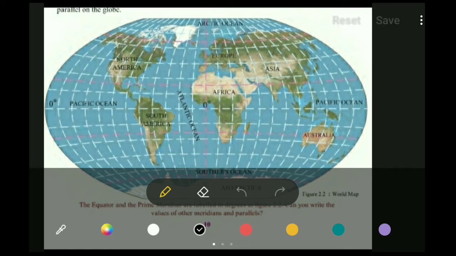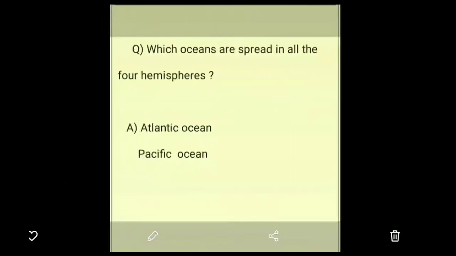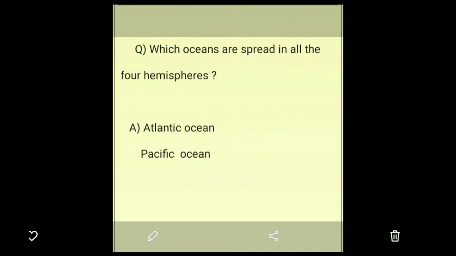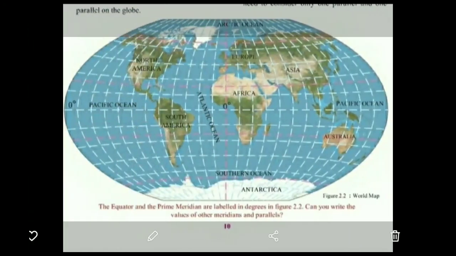We move ahead to the next question. Which oceans are spread in all the 4 hemispheres? Atlantic Ocean and Pacific Ocean are spread in all the 4 hemispheres. But before that, let us understand what the hemispheres are.